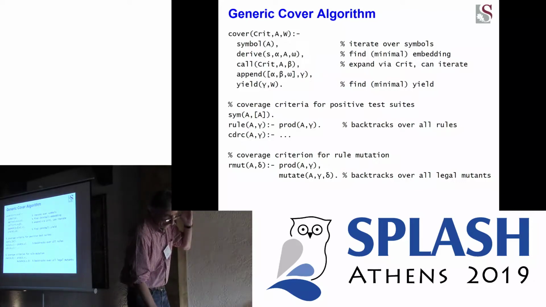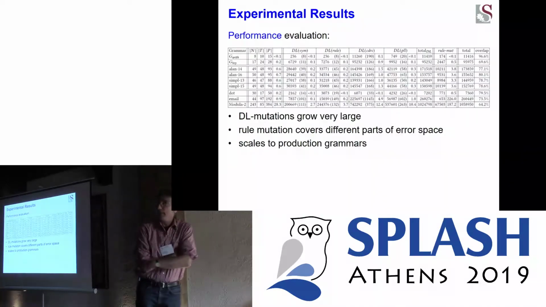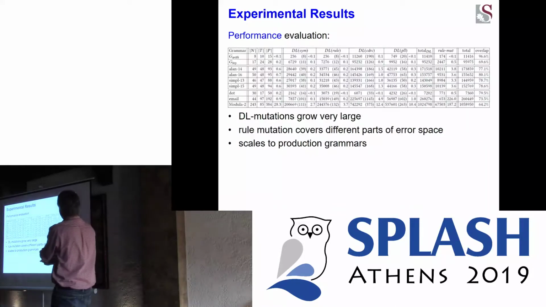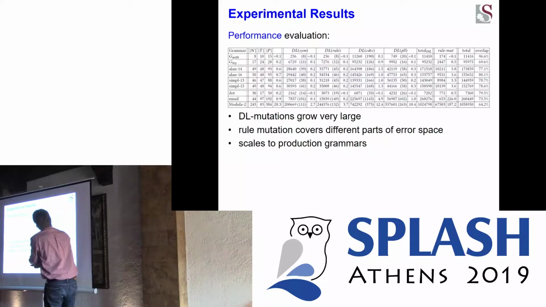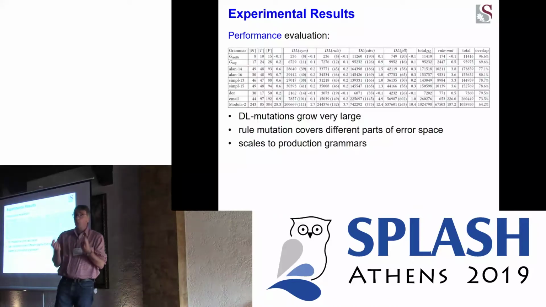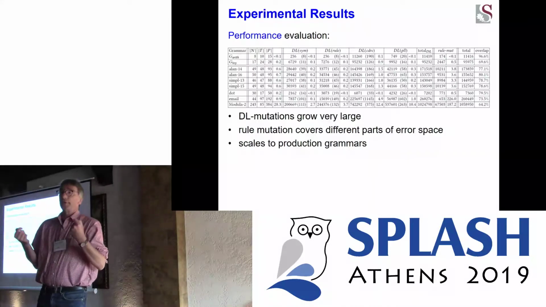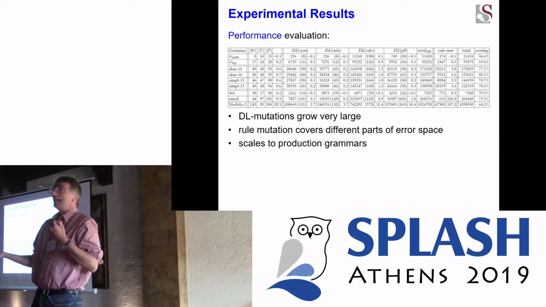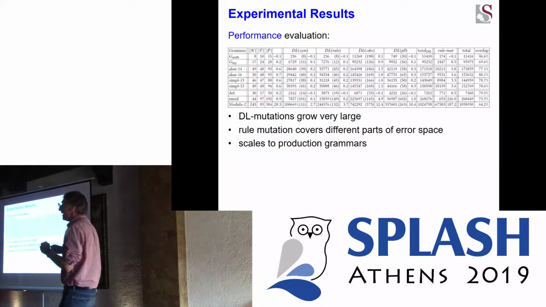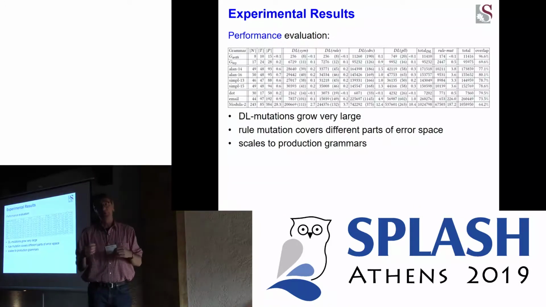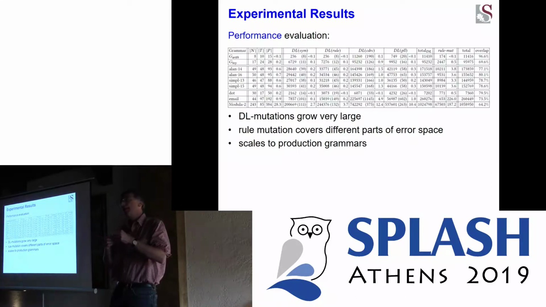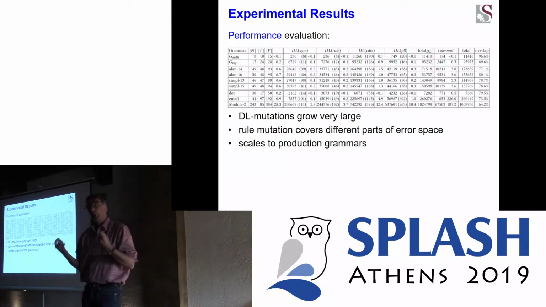This is a new ideas paper. We have done some experimental evaluation. It's a very small font-sized table. Let me just give you the highlight. The number of token mutations grows very large, right? Basically, we can apply four operations at each position, but each of these operations can potentially work with any token.